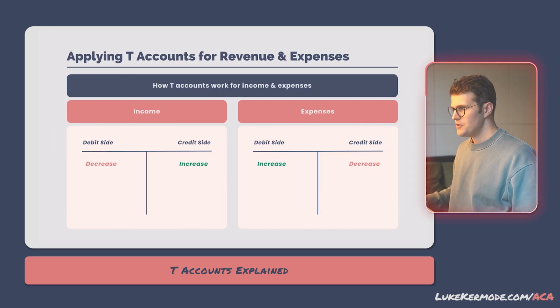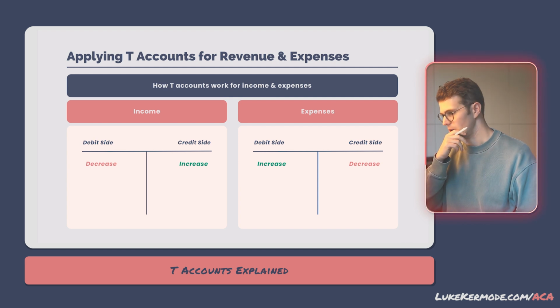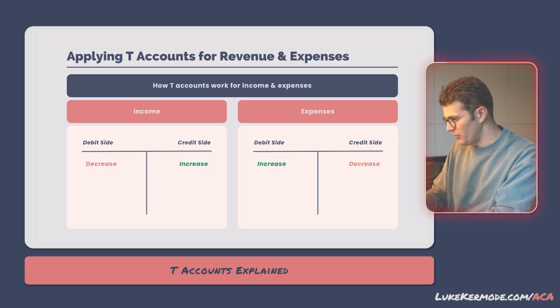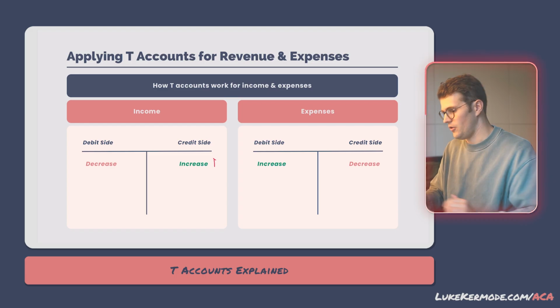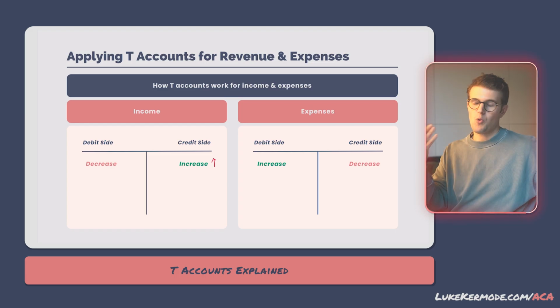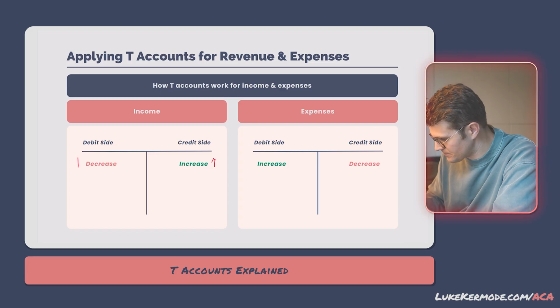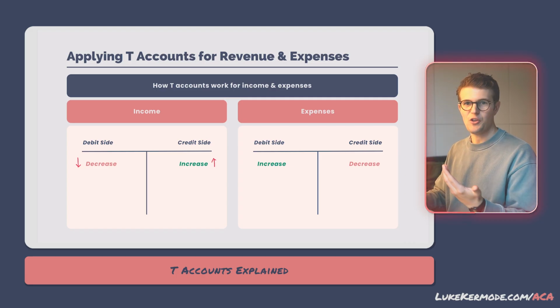Okay, and then when it comes to T accounts for income and expenses, the rules again follow a similar logical pattern. So let's start with income. When a business makes sales, we record them on the credit side of the income account. That's because income increases on the right-hand side, whereas if income were to decrease, say through a return or a refund, that would appear on the debit side. For expenses, these behave in the opposite way.